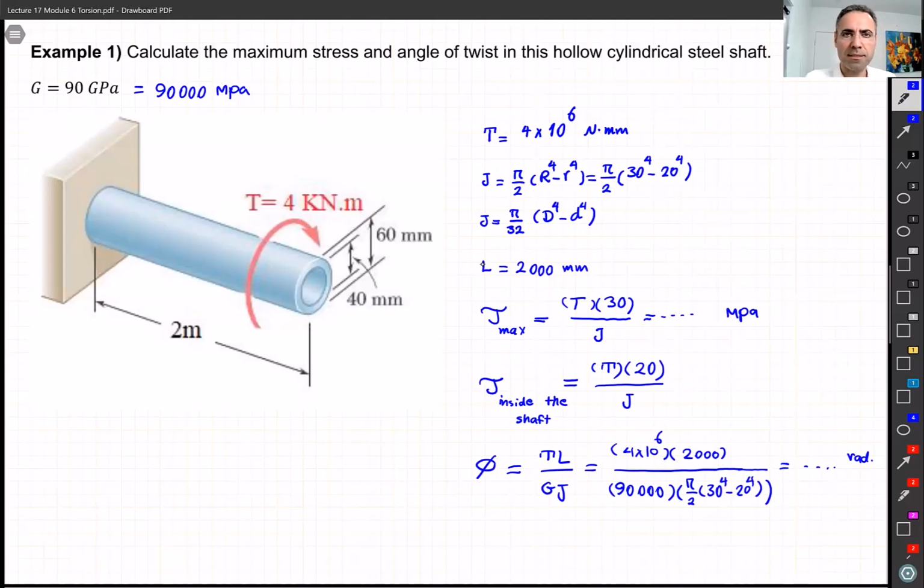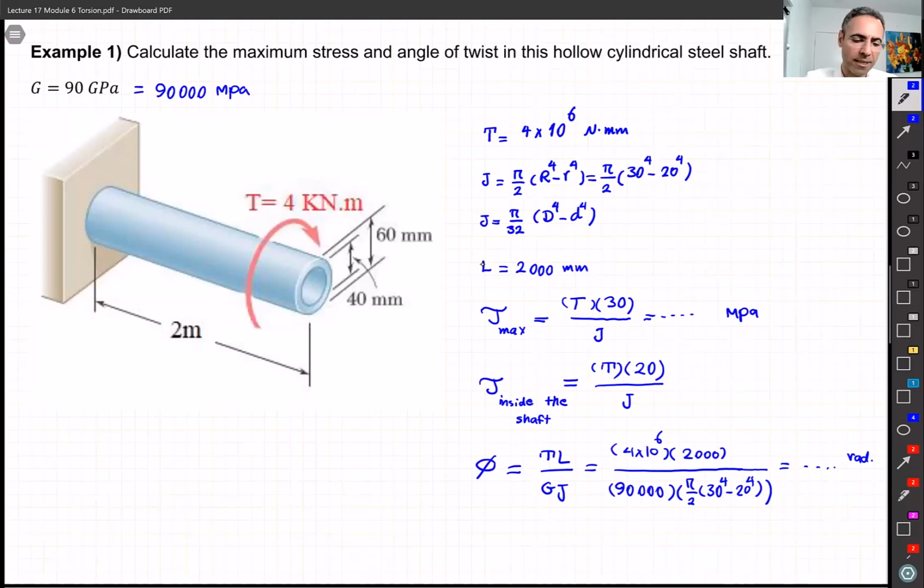So as simple as you can see, is there any question for this part? Is torsion always going to be positive, in terms of sign? Good question. It depends how we define it.